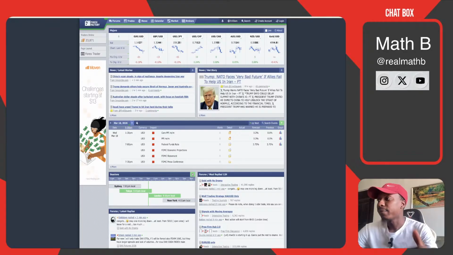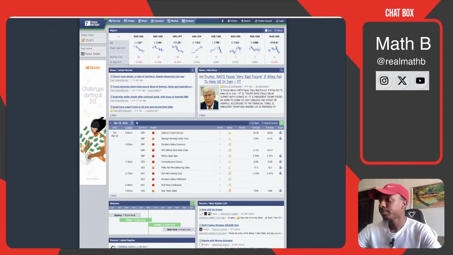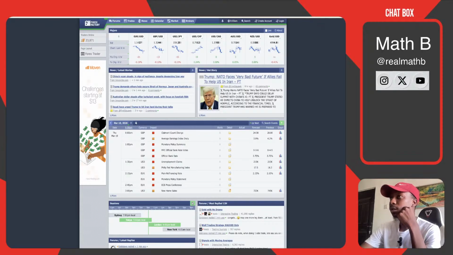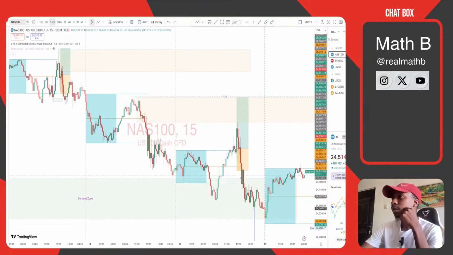We have PPI on Wednesday, and we have the FOMC in the evening. So the FOMC, if it holds, definitely can potentially move the market. And then on Thursday, we have unemployment claims for USD. And on Friday there is nothing. So Wednesday and Thursday are the only days we need to be careful.